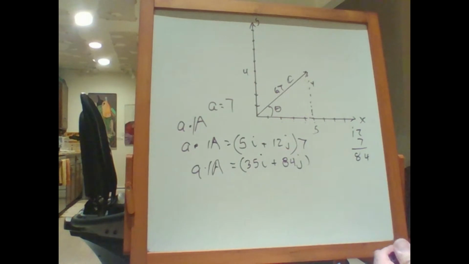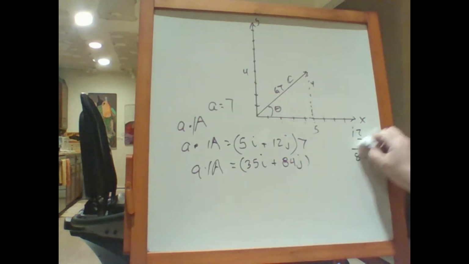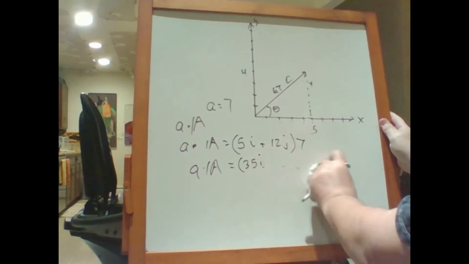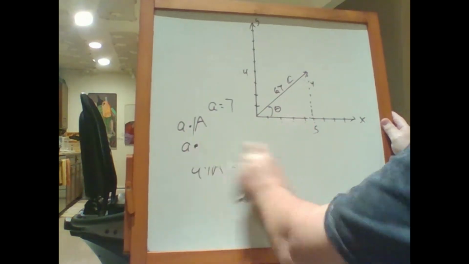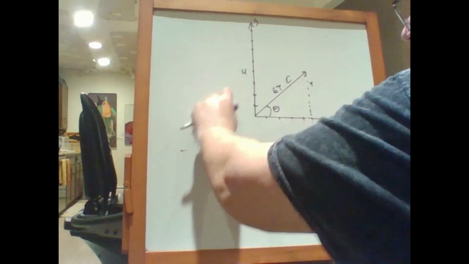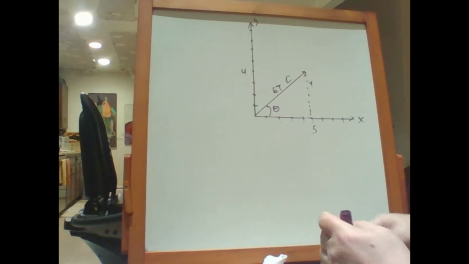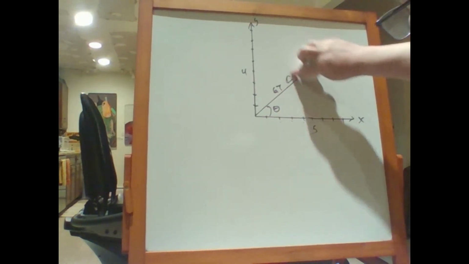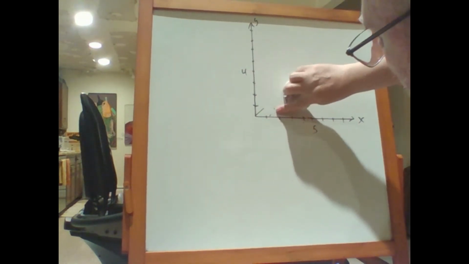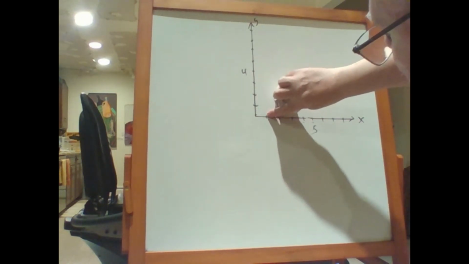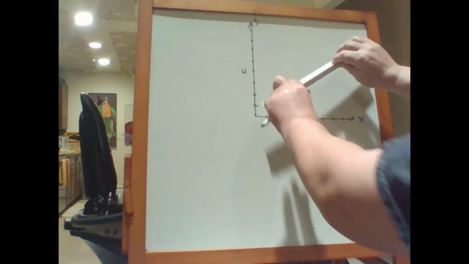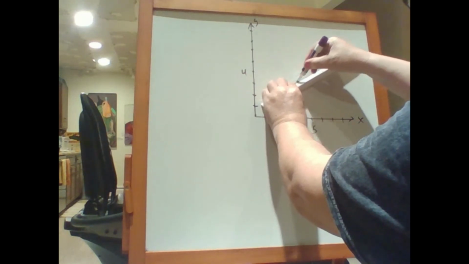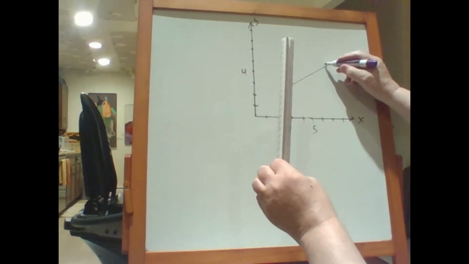And so that's scalar multiplication. You just multiply through. Then we have a different type of multiplication that we call dot product. And the dot product is basically a multiplication between two vectors that exist in some plane.